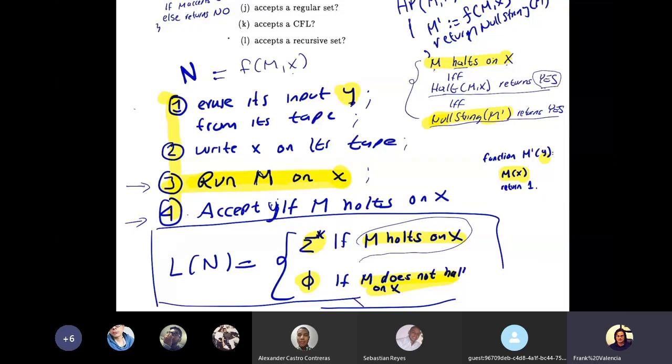It doesn't matter if you change the value of the input later. The definition of a Turing machine is that the machine accepts an input if, starting with this input, you get into an accept state. And this machine starts with the input that it got, but then it erases it.